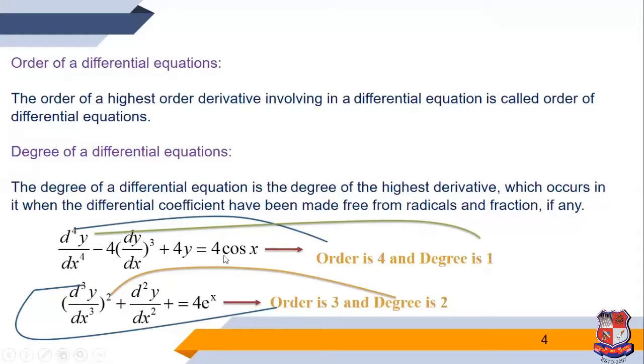In this equation the highest order derivative term is d^4y/dx^4, whose order is 4. So we can say the order of the differential equation is 4. The order of the highest order derivative is the order of the whole differential equation.